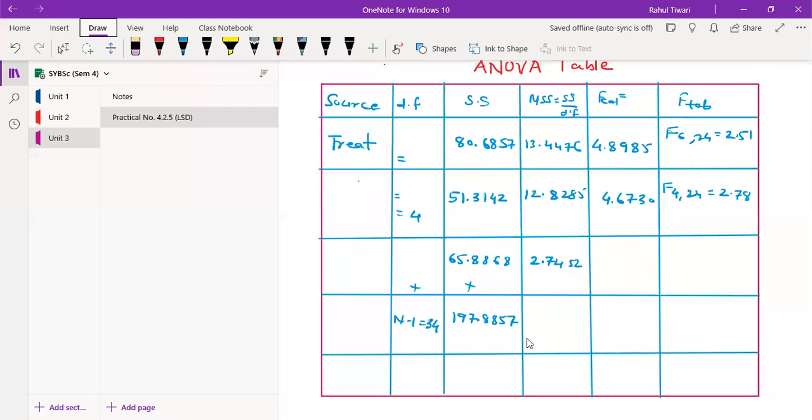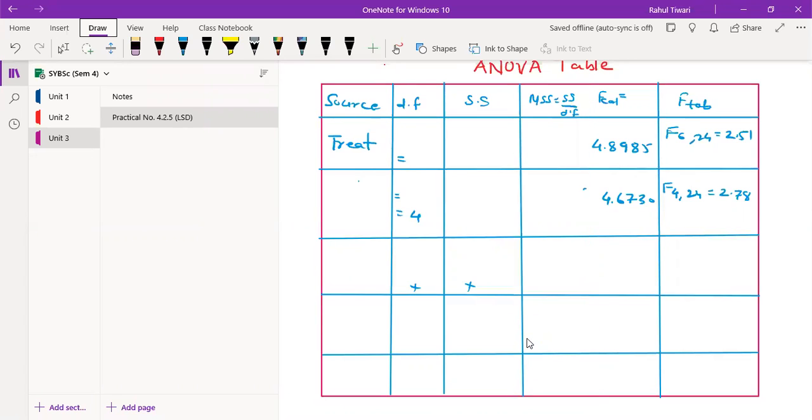Just create this table. I will just modify this one.